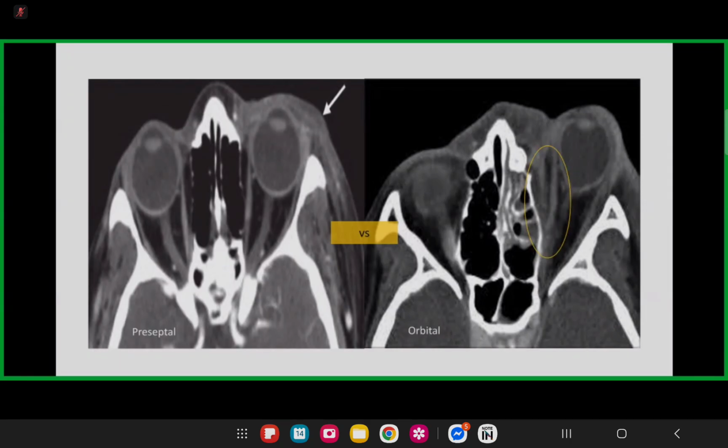If you look at the photo of preseptal cellulitis, the extraocular muscles are uninvolved. They're smooth and look normal in contour. But for orbital cellulitis, the scan on your right side, you see some stranding, some grayish area located within or beside the muscles. That means inflammation has reached that part, especially in this case, the involvement of your medial rectus.